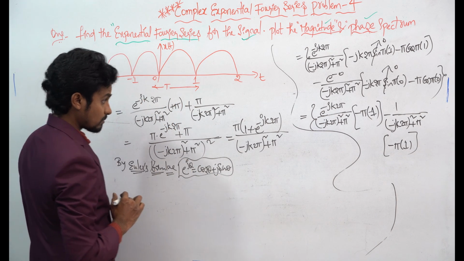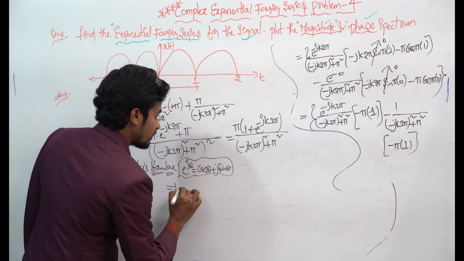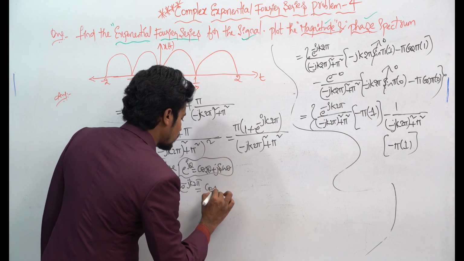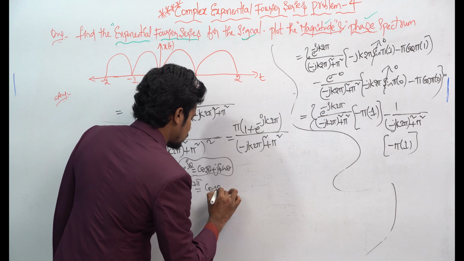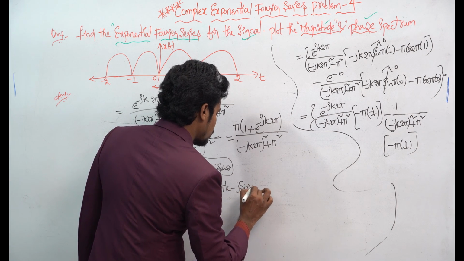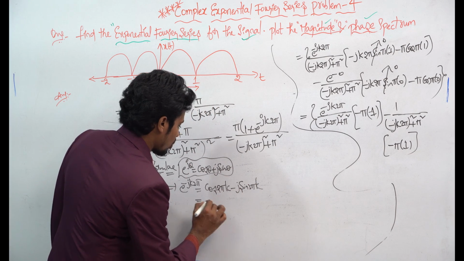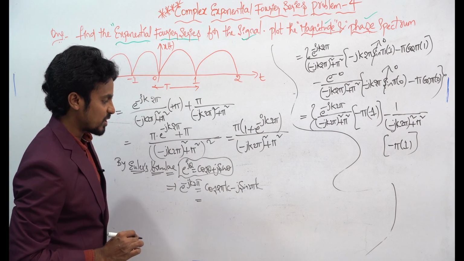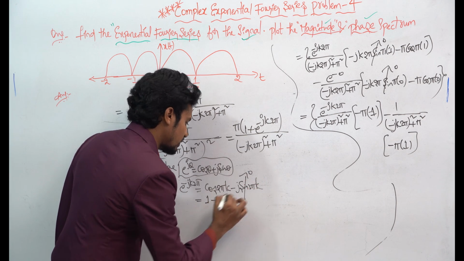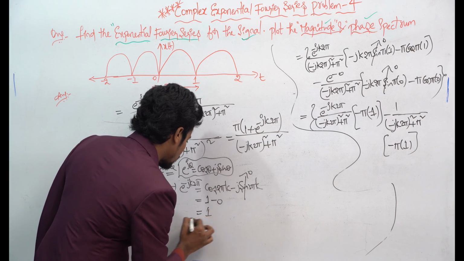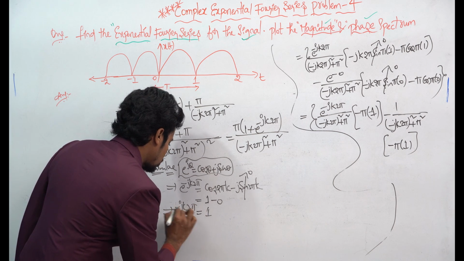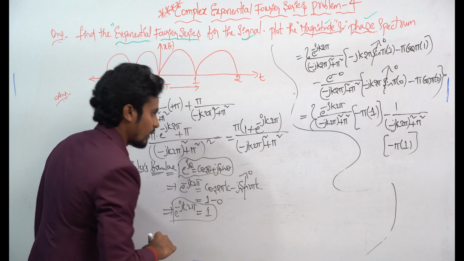So next, for this, what you have to find? E power minus jk 2 pi is equal to cos 2 pi k minus j into sin 2 pi k. Cos 2 pi is plus 1, and sin 2 pi is 0. So that will be equal to 1. Hence e power minus jk 2 pi is equal to 1.